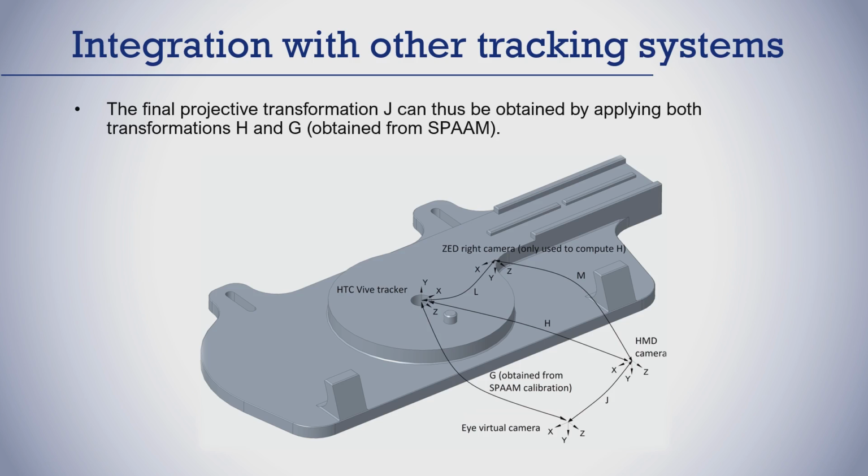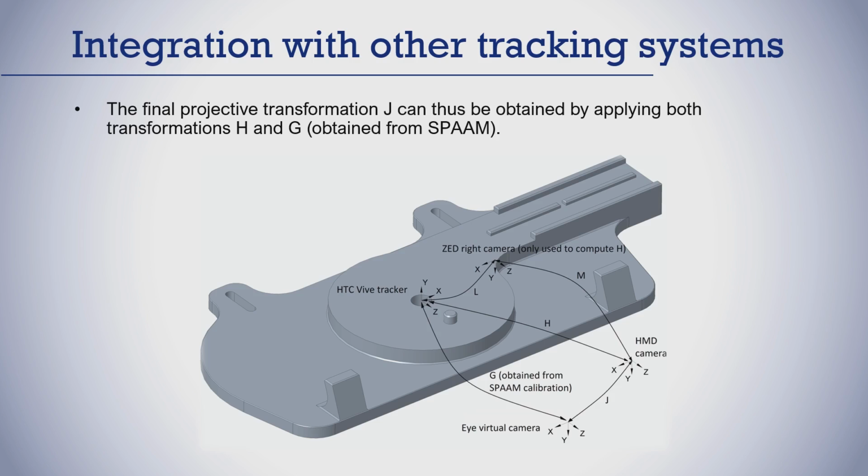We get this transformation from the SPAAM calibration procedure, and we obtain this other transformation from calibrating the camera of the headset with the camera attached to this structure, which is 3D printed, and we have the CAD model of this. So this transformation can be extracted from the fact that the camera, which has been calibrated together with the other camera, is placed in a specific position in this structure.